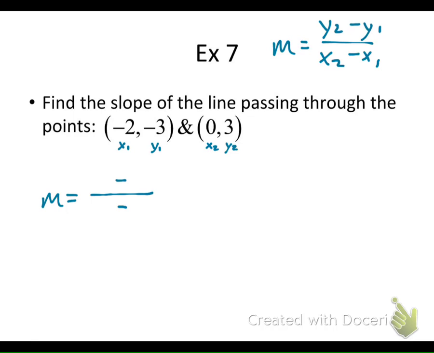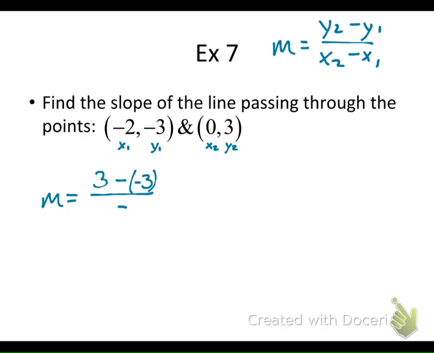And then from there, I'm going to plug those numbers into the variables. The top bar, I'm going to do the top first. It says y2, which is 3. 3 represents y2, minus y1, which is negative 3.